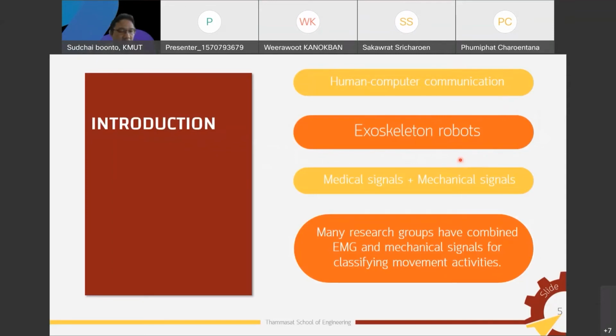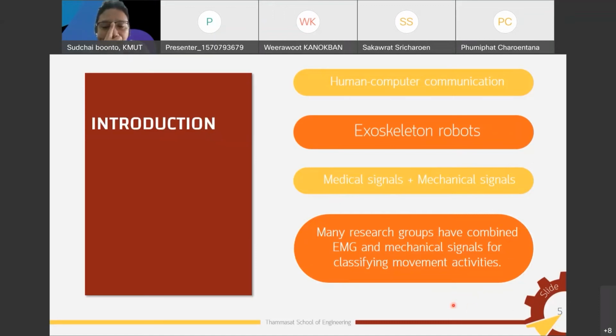Safety is an essential aspect of human-robot interaction in robot control. Hence, SEMG processing and classification techniques must be reliable and accurate. Not only the SEMG signal, but the mechanical signal can also be combined as co-processing data in motion recognition.